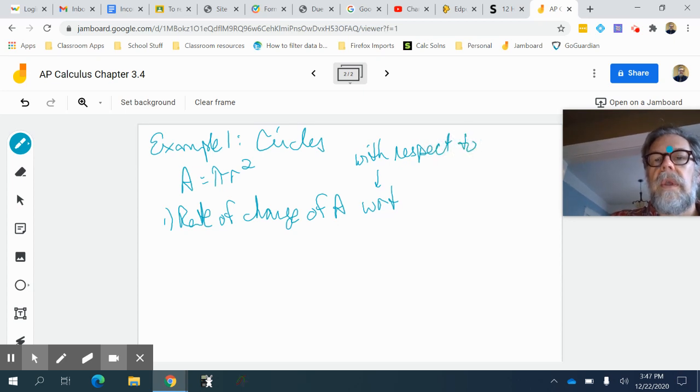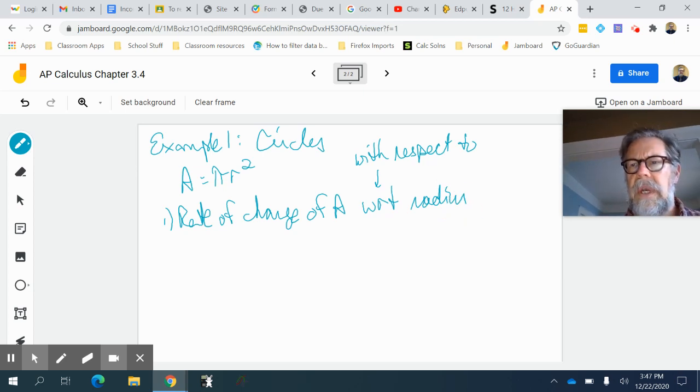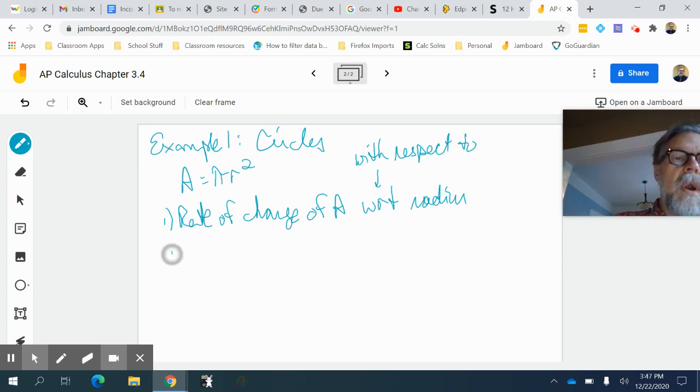And this is a useful calculation because if you think of tree rings, the area grows at a constant rate. But because the radius is getting bigger, the rings get narrower, if you've ever looked at a cross-section of a tree. So we want to know the rate of change of area with respect to radius.